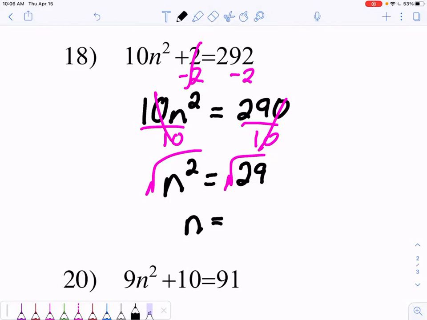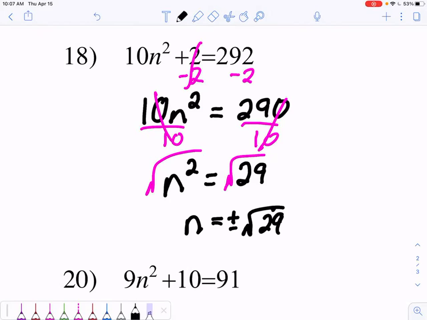Do any of those go in there evenly? No. Because 29 is a prime number. So you get the square root of 29, and then what do we have to put in front, Bill? Plus minus, that's it. Really good.